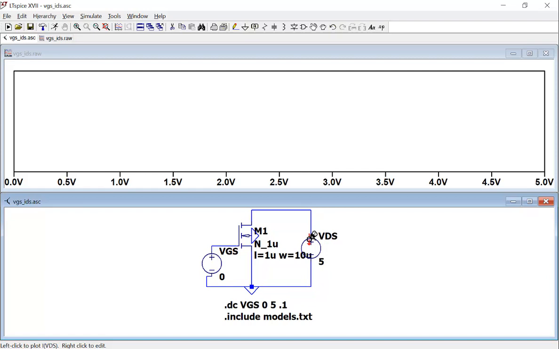So the current IDS is pointing down, right? Still the same current or not? What is this one probing? See the red arrow here? Could you see that red arrow here?